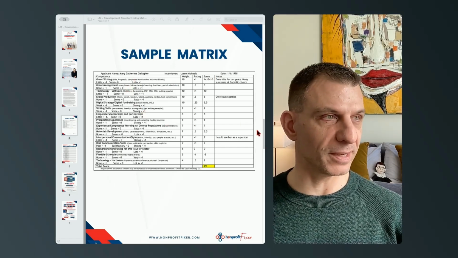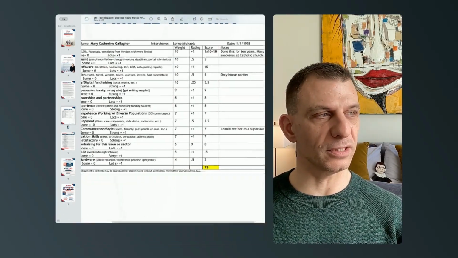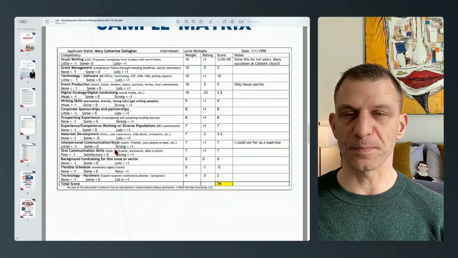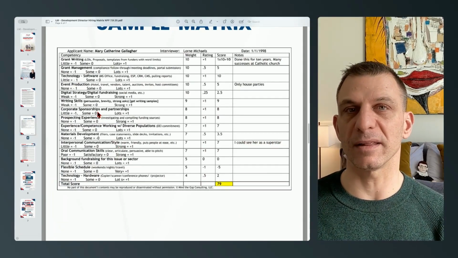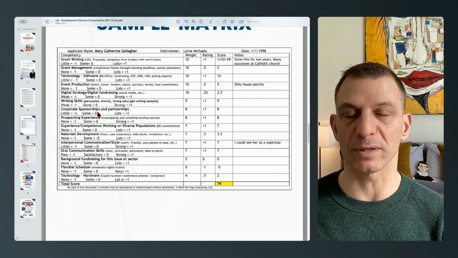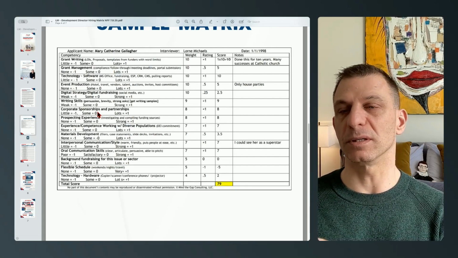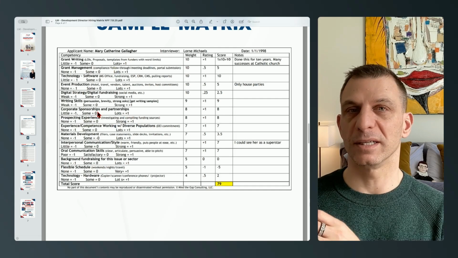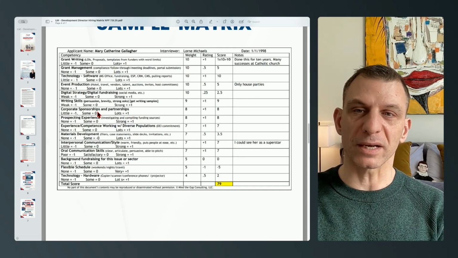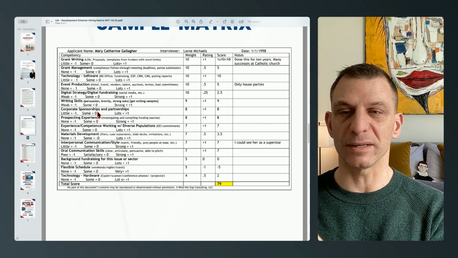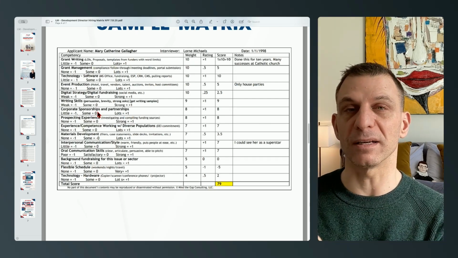So I'll see if I can make this a little bit bigger, but essentially you can see here, you would create some categories on the left-hand side that are really important for the position, like flexibility on schedule, ability to write grants, history making major donor asks. You would put the categories on the left and you would give a less than stellar score of a -1.